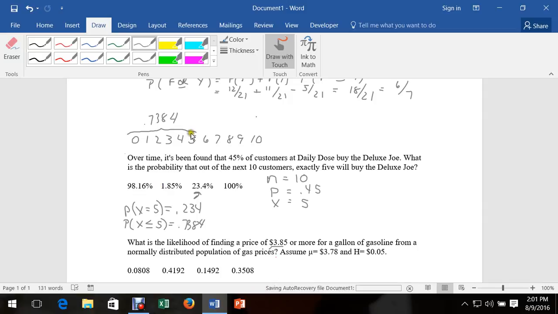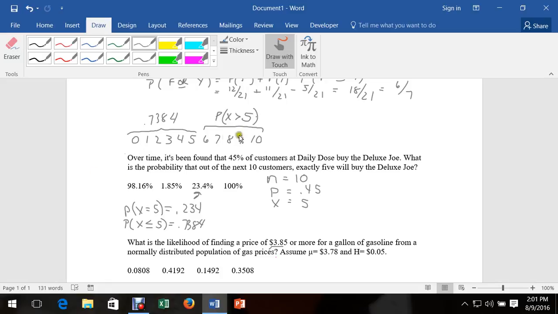Now, if you wanted the probability of this right here, this is the probability that the number who buy the product is greater than 5. Well, we know the total probability that between 0 and 10 buy it is going to be 1. One of that has to happen.